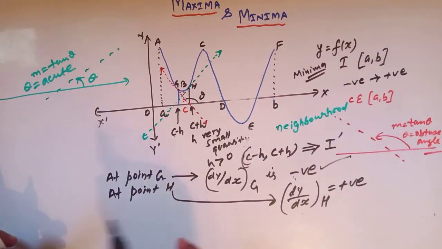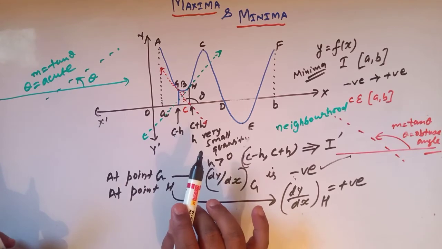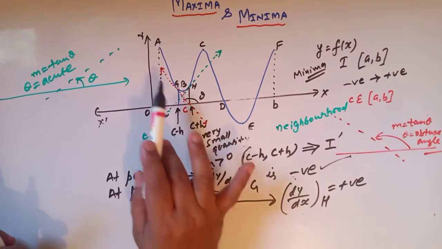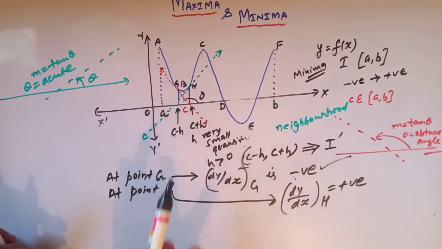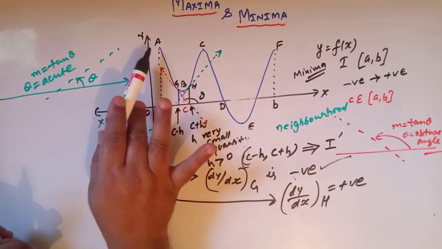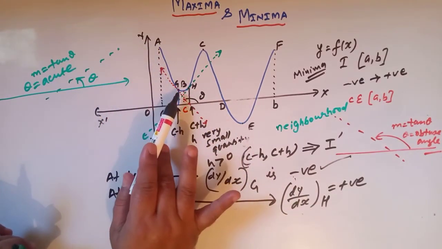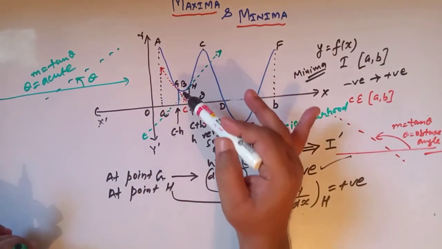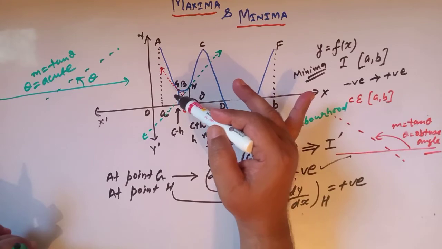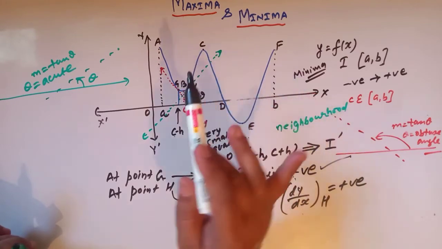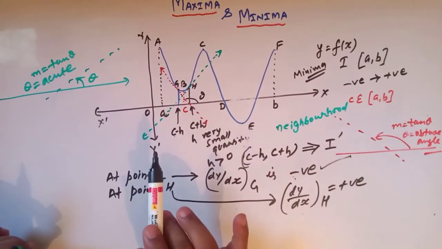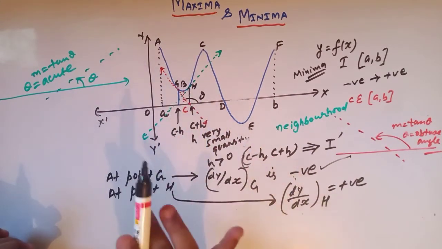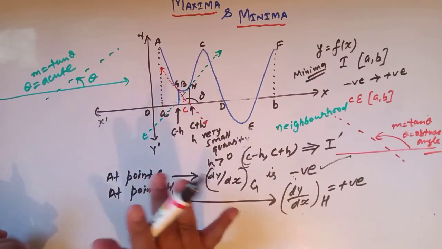clear. I am repeating it once again. See the structure of the graph. From point A to B, the graph decreases smoothly, then it increases. After reaching this point B, the graph starts increasing, clear. So B becomes the stationary point or the turning point.